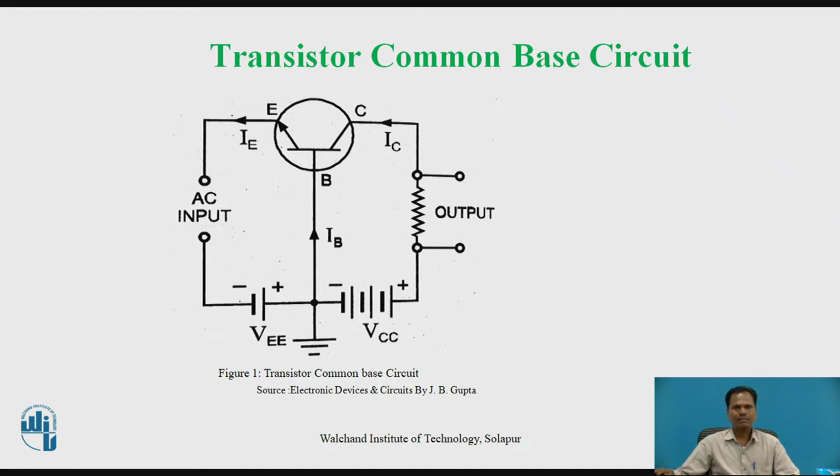Since the transistor is NPN, emitter is N type, base is P type and collector is again N type. So the negative terminal of VEE is connected to the emitter and the positive terminal of VEE is connected to the base. One more DC voltage VCC is used to reverse bias the collector base junction.